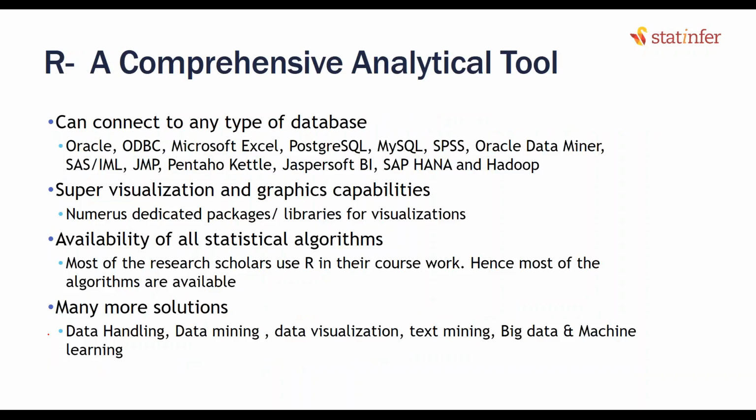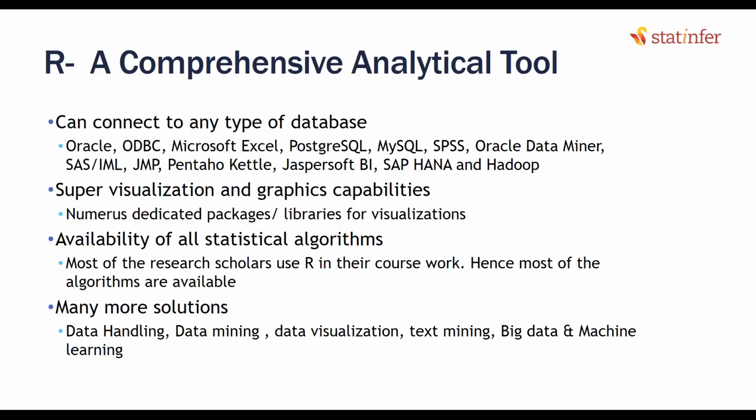Okay. R is a comprehensive analytical tool. It can connect to any type of database, and once you connect the data, you can do almost all types of analysis. It has most of the statistical algorithms available.